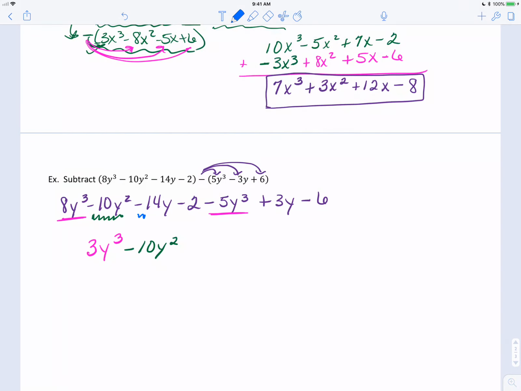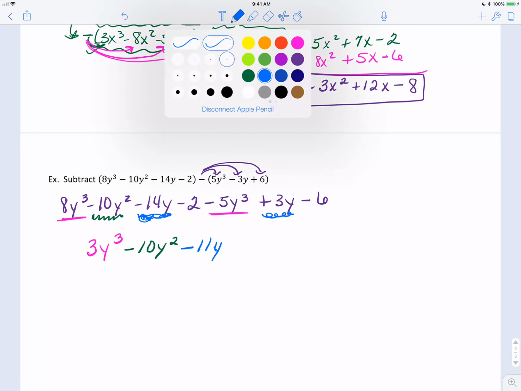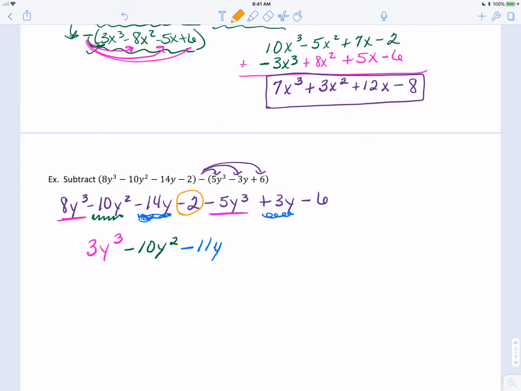So then we have negative 14y and positive 3y. That leaves us with negative 11y. And then we have a negative 2 and a negative 6, so that makes negative 8. Final answer. So notice, even though we didn't have a term to join with this y squared here, it still had to get listed because it is part of our equation.